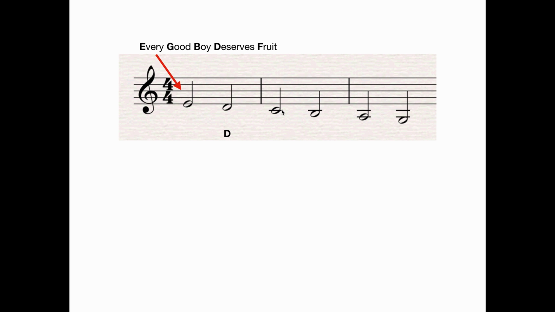One line below D must be a C, and this is our first ledger line. As you can see, it is a small line that must be used to express a note that exceeds the 5 lines that form part of the staff.